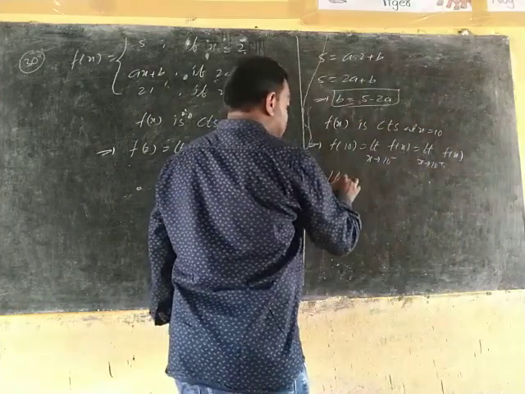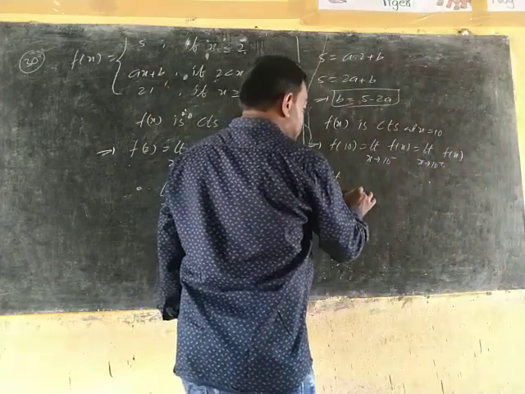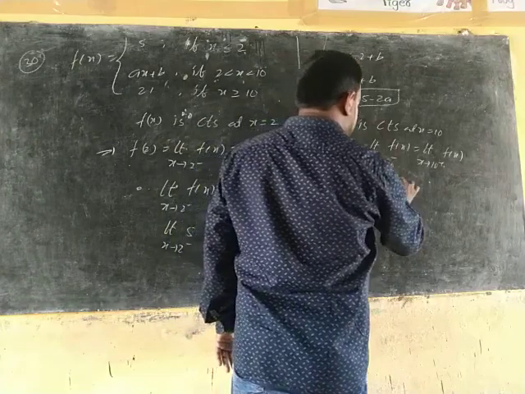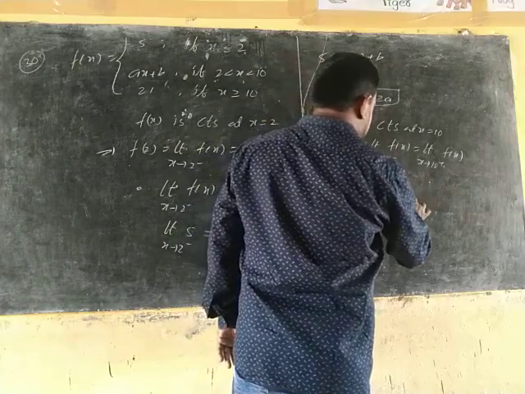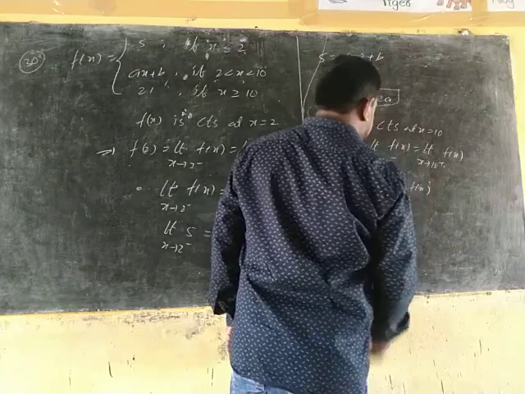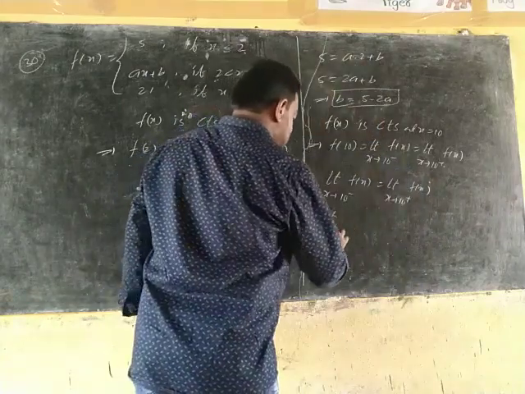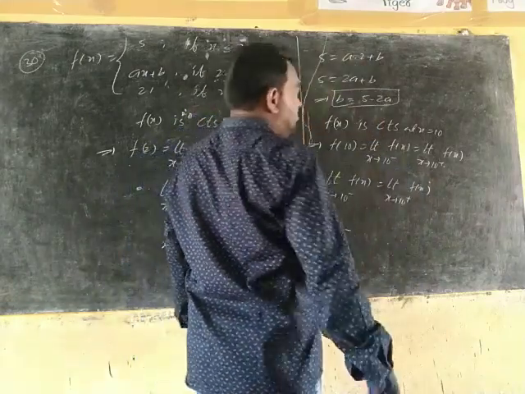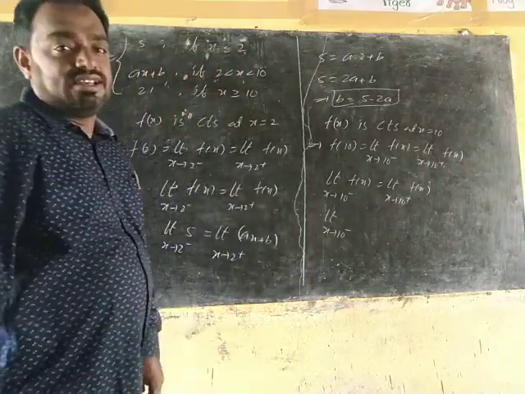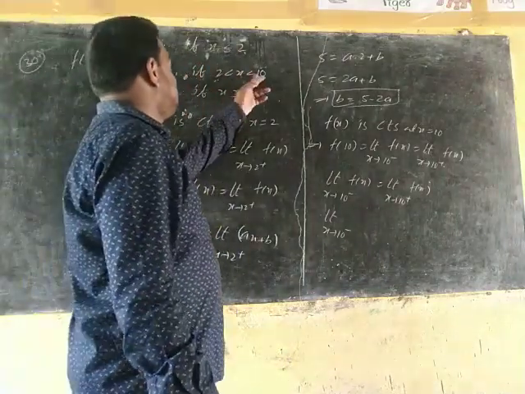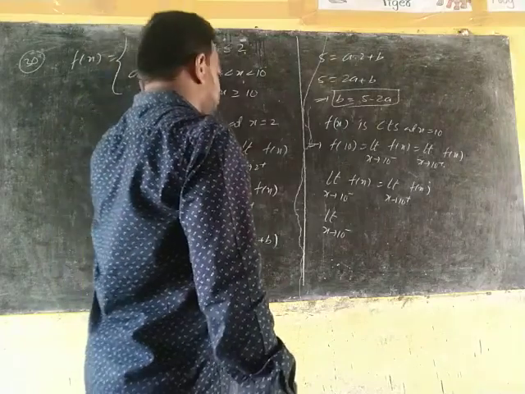Now you take left and right hand limits equal. Limit x tends to 10 minus means x is less than 10. For x less than 10, f of x is ax plus b.